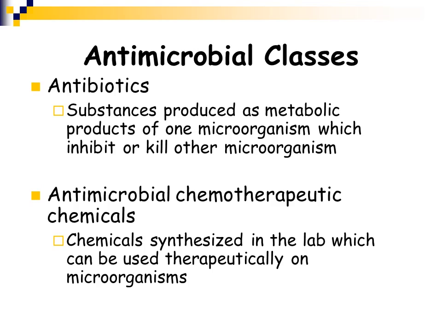There are different classes of antimicrobial agents. There are antibiotics, and these are substances that are produced by usually a living organism. So they're metabolic products from a microorganism that has been shown to either inhibit the growth of or kill another microorganism.